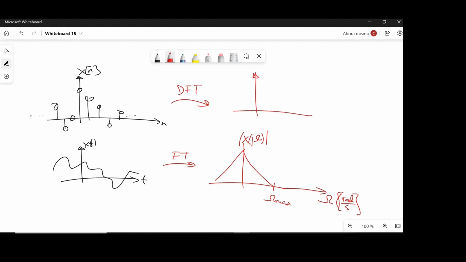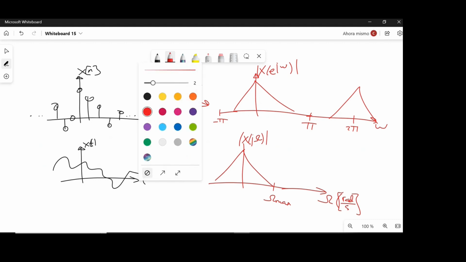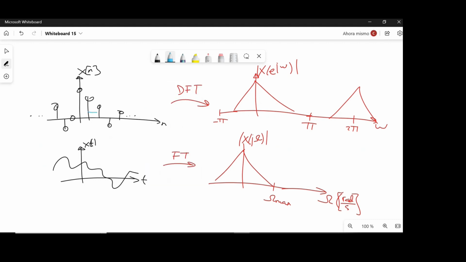And then what we have here is x of j omega. This is omega. And we know that this is periodic with period 2 pi. It also goes to the other side. And we know that the sampling is this difference between these two.